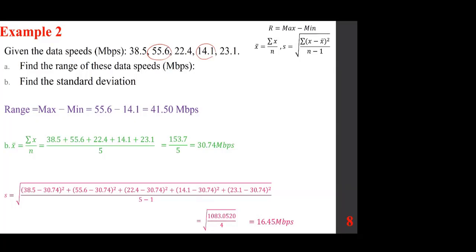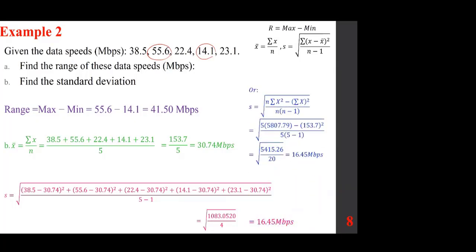So with that being the case, here's the second method I want you to see quickly. If you go back to the formulas, another way of calculating this was the square root of n summation of x squared minus summation of x quantity squared over n times n minus 1. Now, I want to make sure everybody understands the meaning of summation of x squared and summation of x quantity squared.